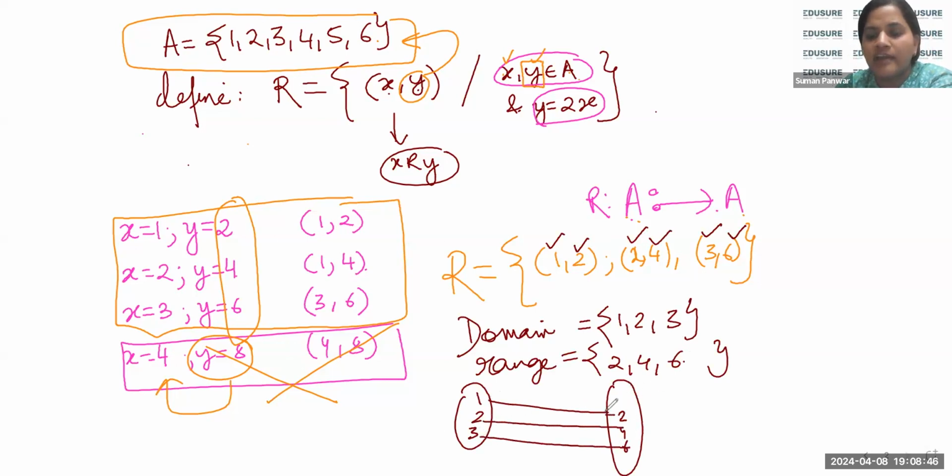And the entries 1, 3, 5 here are not mapped to anything. So this is one example of how we write relationships in terms of tuples (a, b). Whether I write it like this or like this, it means one and the same thing.